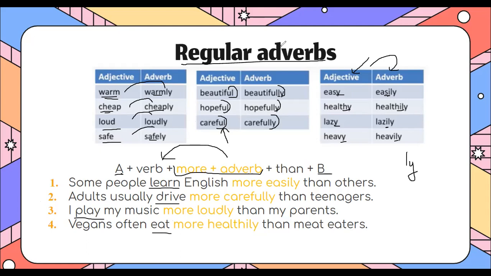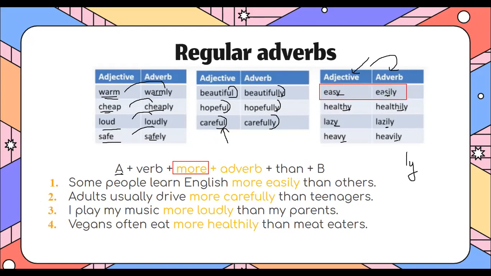To do this with the regular adverbs, we are going to use more and the adverb. For example, some people learn English more easily than others. I have easy here, which transforms to easily, and then I put more.